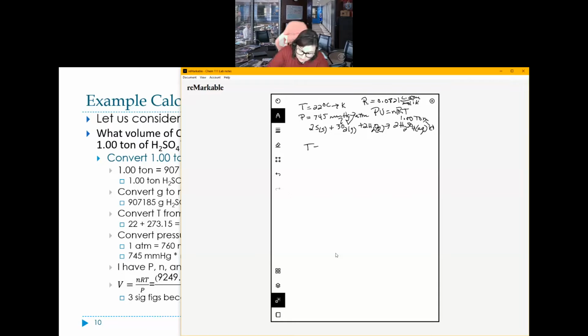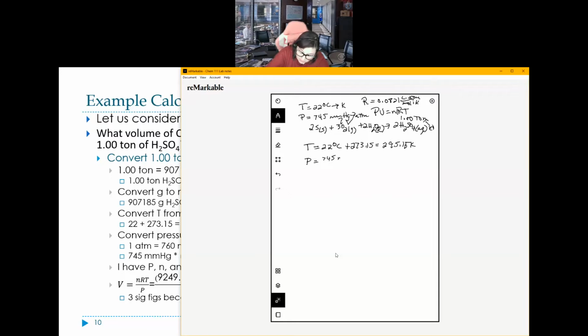So let's convert our temperature. So 22 degrees C plus 273.15 equals 295.15 Kelvin.